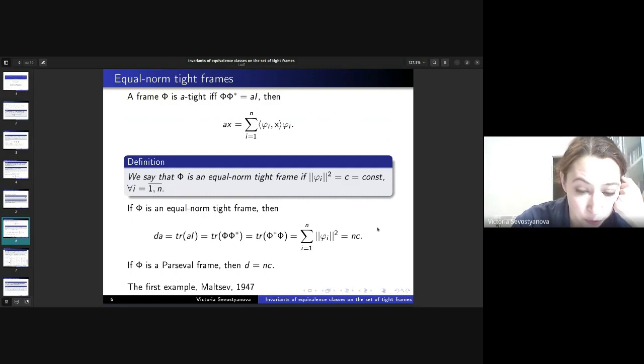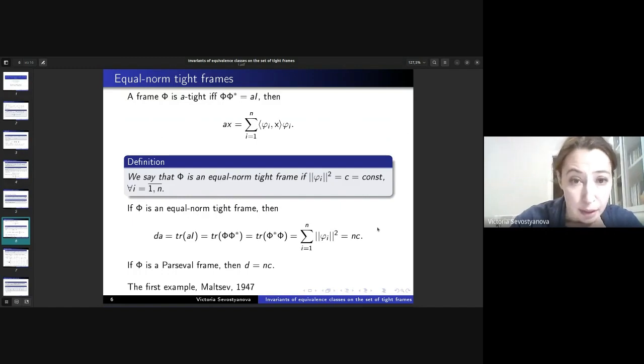What about examples? The construction of equal norm tight frames in the complex case uses the matrix of the discrete Fourier transformation, and the first construction of such frames appears only at the beginning of our century. What about equal norm tight frames in the real case? It's not simple to construct such frames, and there are very few small examples.